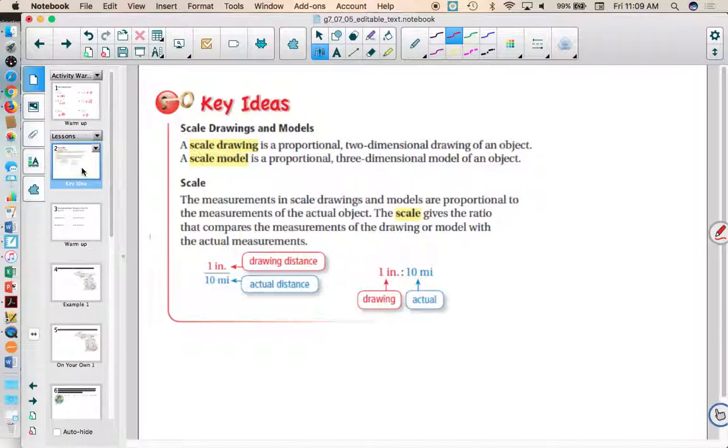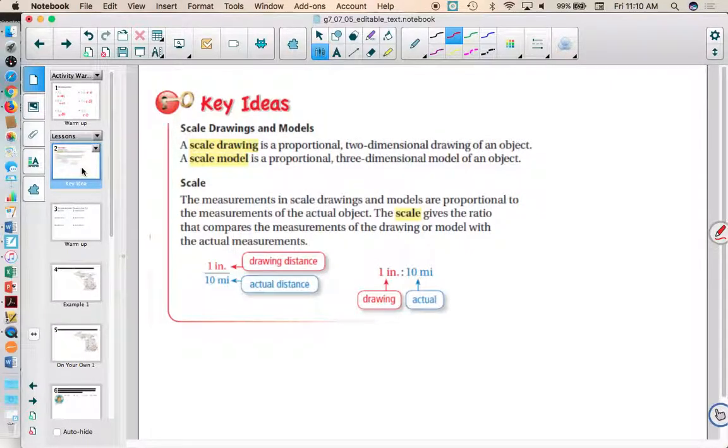Then you're going to create a scale drawing on graph paper. Okay? So you're going to be working with that scale. Then you're going to create a scale model that is proportional, and a scale model is three-dimensional. It's a three-dimensional model of the object.